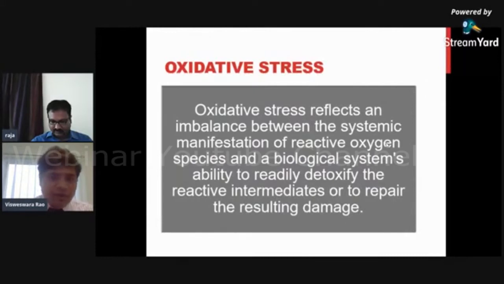Once we prepare the nanoparticles, what do we usually do? We check them in in vivo and in vitro systems. First, we check in vitro. That is the usual process. In vitro means in laboratory conditions, for antimicrobial activity, anti-diabetic activity, or any other in vitro biological activities.